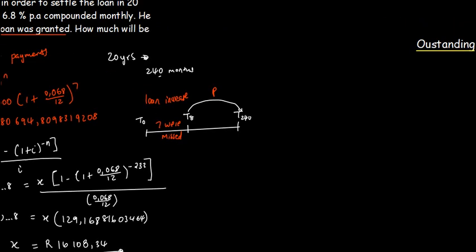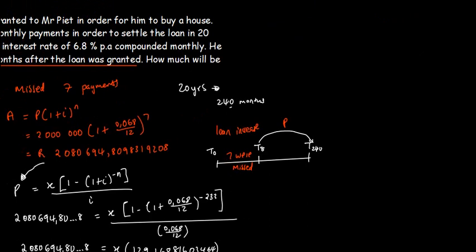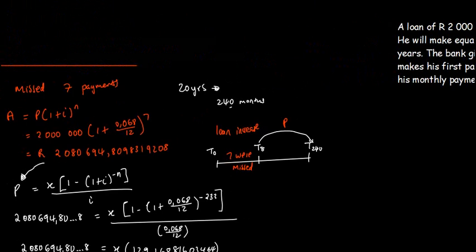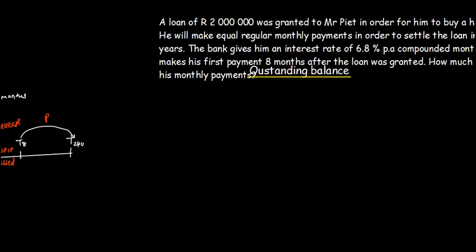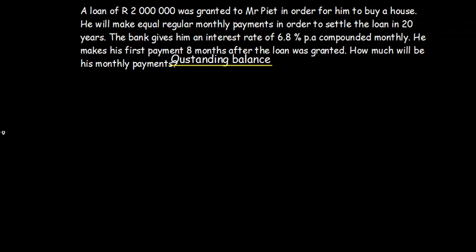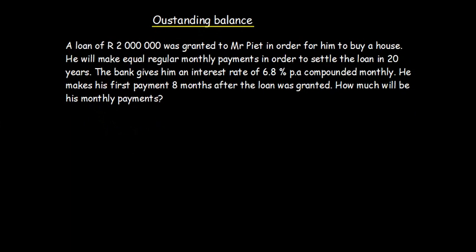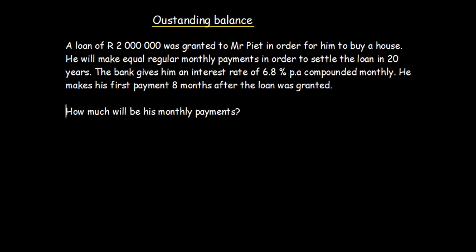How will a question maybe ask something like that? I'm going to take the very same question that we had, but I'm going to split it into at least 2 parts, so that you see how the questions are usually asked. Usually the question will be like this.